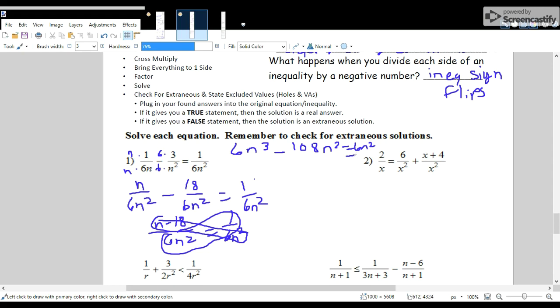Let's subtract the 6n squared from both sides. So we have 6n cubed minus 114n squared equals 0. Let's factor and solve for n.